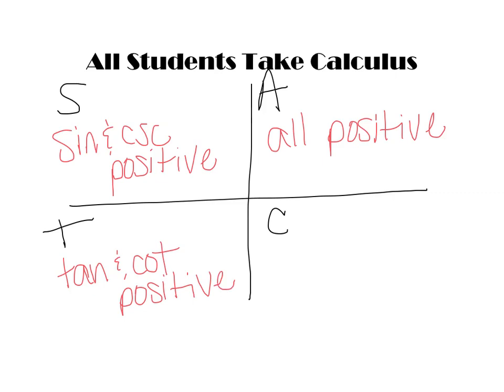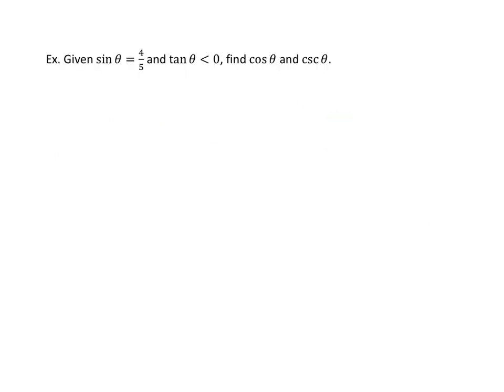And in quadrant 4, cosine and secant are positive. So, a handy way to check your work, just to make sure you have your signs correct. All students take calculus. Okay, so knowing what's positive where, we're going to start looking at these types of problems.